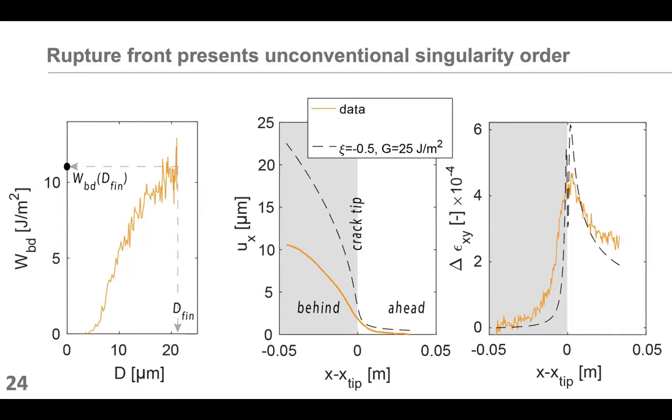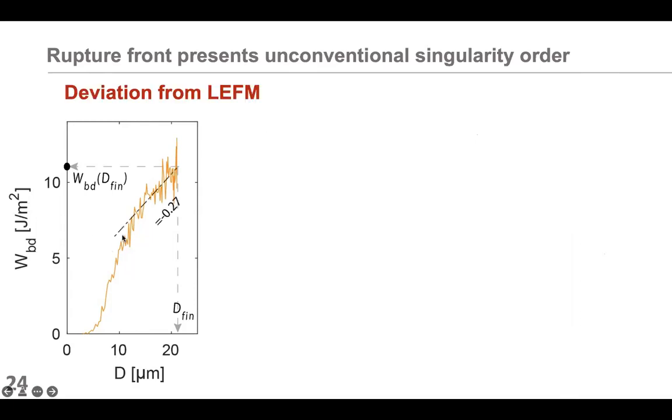So what we have done is that we tried to analyze these experimental data using an unconventional theory. What we can see, as I told you, is that after a critical point, we have a continuous increase of breakdown work with slip.